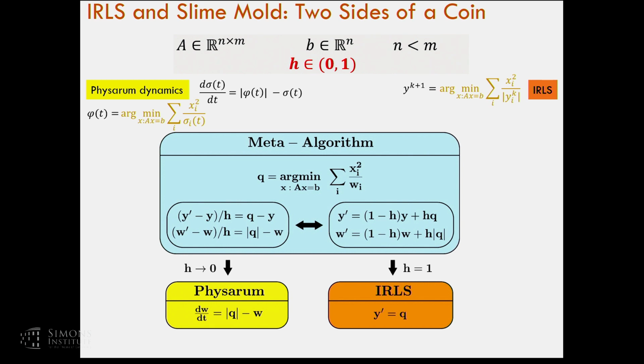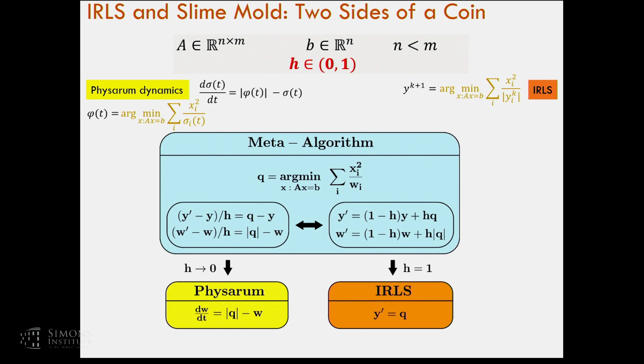Remember that this flow vector q could have both positive or negative entries, so we have to be careful how we update the weights. So the weights are updated by the absolute value of this vector q. So weights always remain positive, because you start off with some positive weights. The vector y can be both positive or negative.